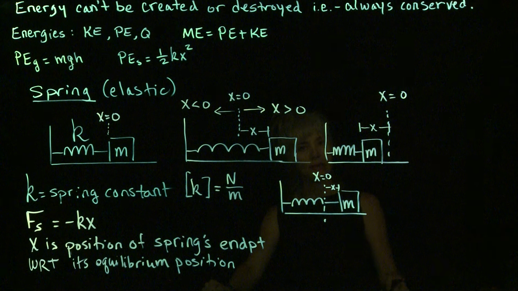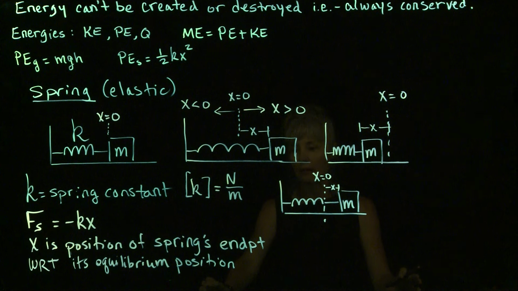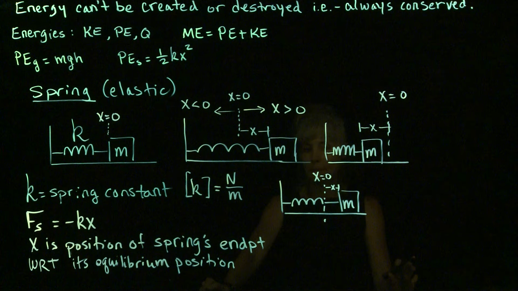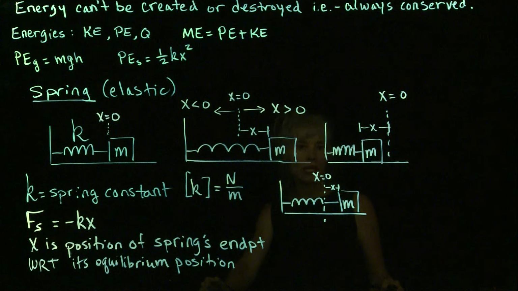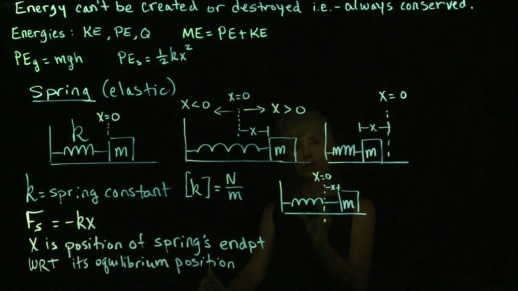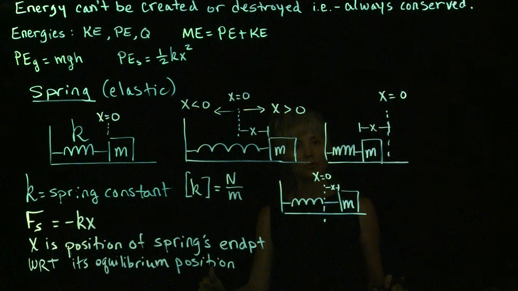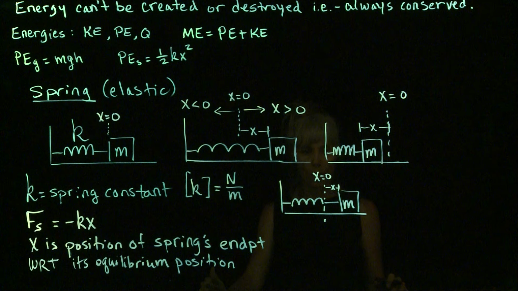So that is how k is calculated. It's very easily done in a laboratory environment, and then reported for a specific spring. And of course, as springs age, their spring constant could change. So measuring a spring constant just before an experiment is important in the integrity of the experiment as well.